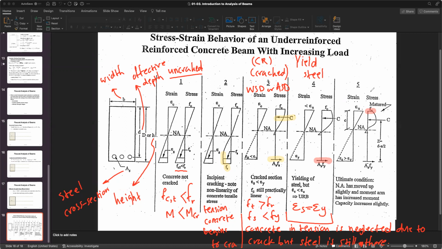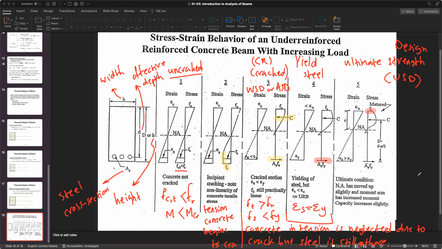And then the last one would be the ultimate strength design. The neutral axis has moved all the way up slightly, and the moment arm has increased. Moment capacity increases slightly. All right.